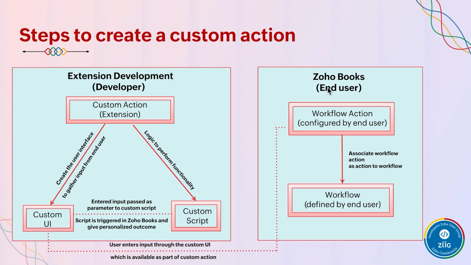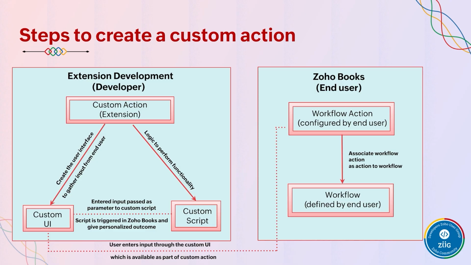So the end user can install the extension, provide their personalized inputs in the custom UI, and save them as a workflow action. Then they can define workflows, specify the condition and the criteria, and associate this templated custom action as a workflow action. So whenever the workflow condition defined by the end user is met, the custom script will be triggered to get a personalized outcome for that workflow.